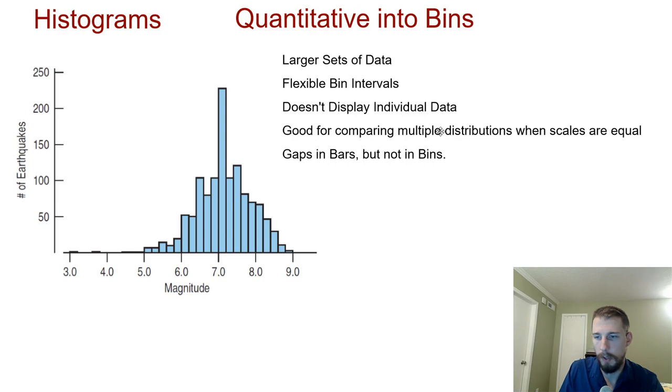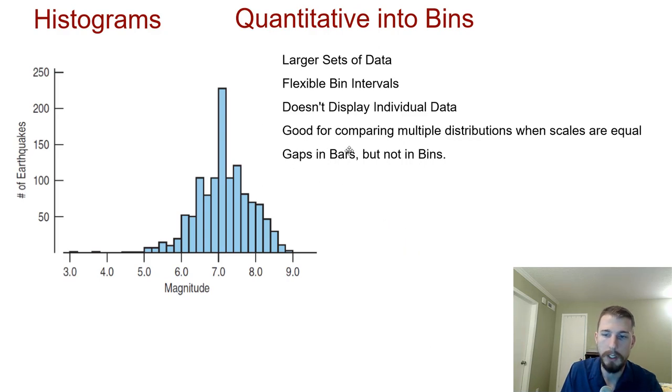All right, good for comparing multiple distributions when the scales are equal. So if we're comparing this distribution to another one, we just want to make sure that we don't stretch one of them out and that we keep the scales the exact same. Otherwise, it would get kind of difficult to interpret. So as long as your scales are equal in the vertical and the horizontal, you can compare histograms, multiple distributions together, which is good.